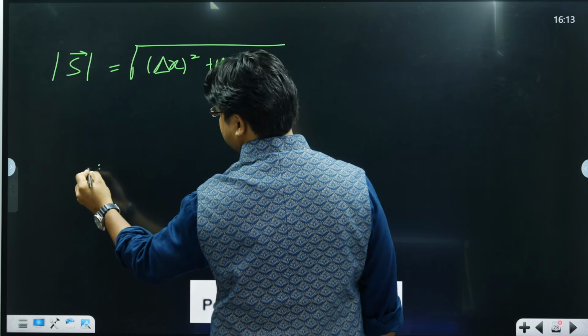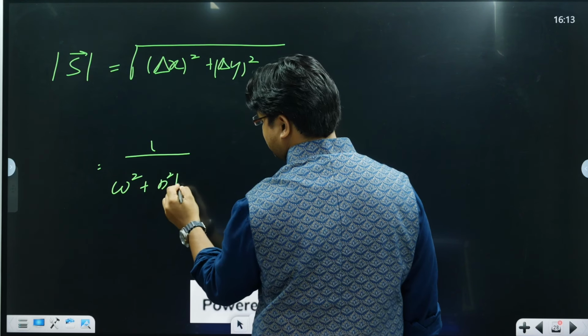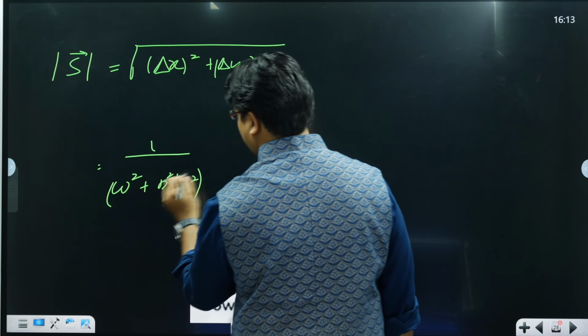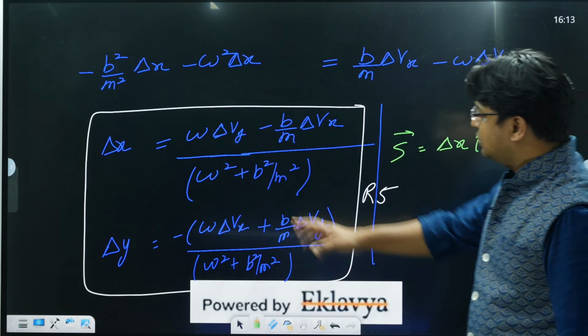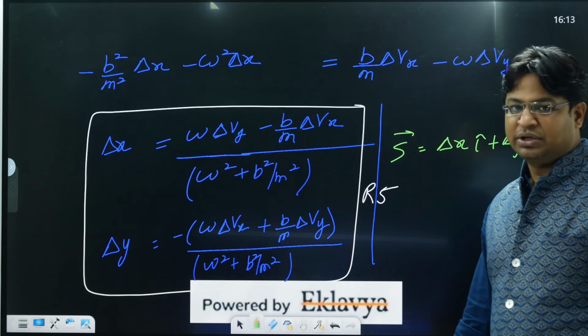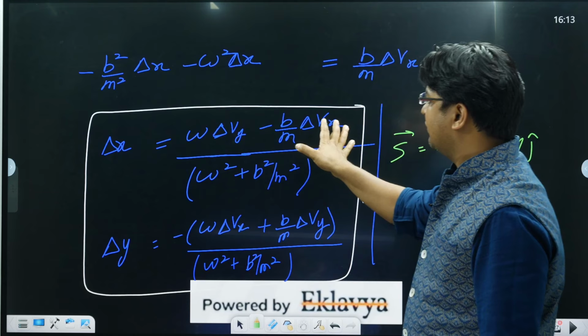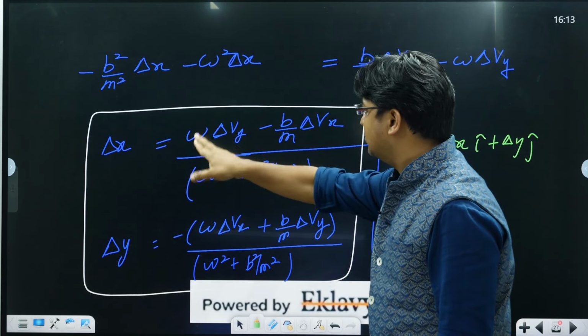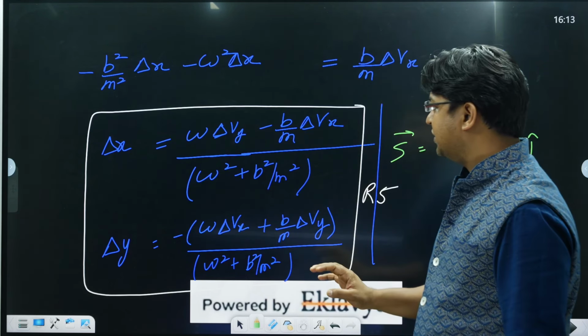One thing that we can see is that the denominator will be omega square plus B square by M square. And what else will be in the numerator? We can go back and check: this square plus this square. This square will become omega square delta Vy square, where we'll get minus 2 times omega B by M this, and here we'll get plus 2 times, so that term will be cancelled.